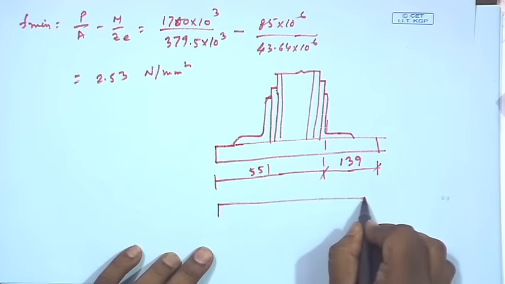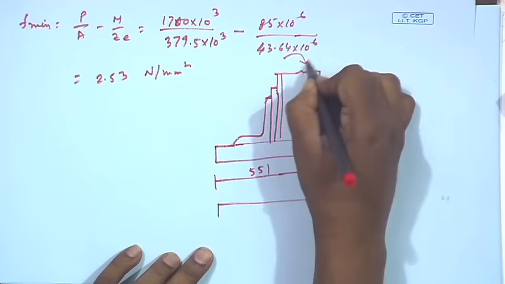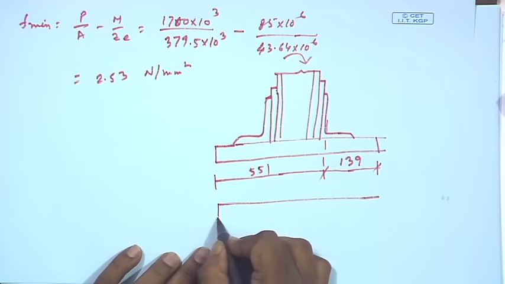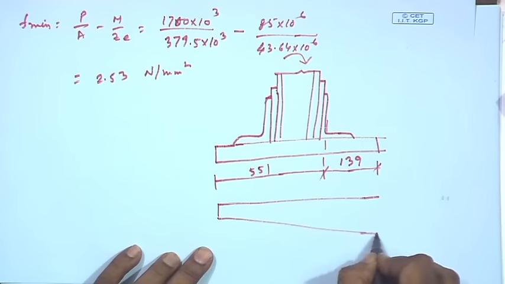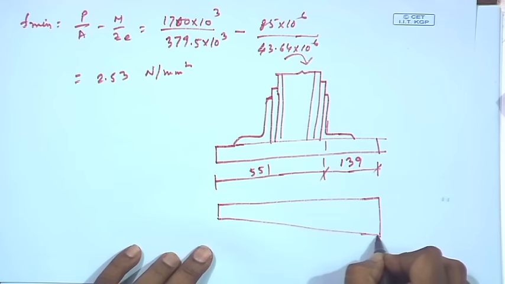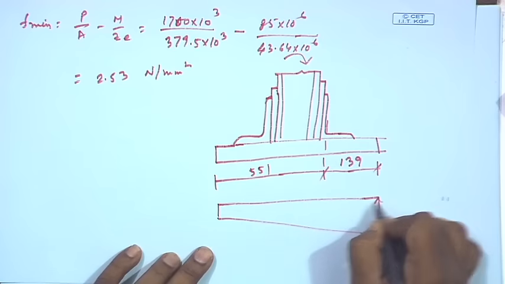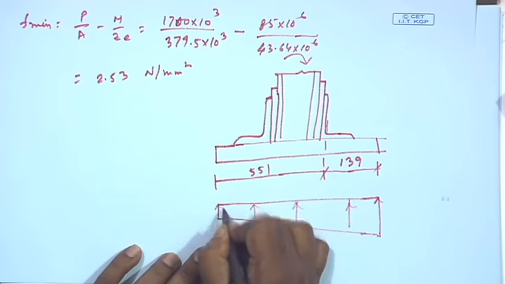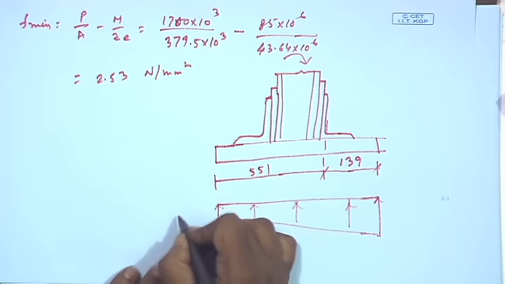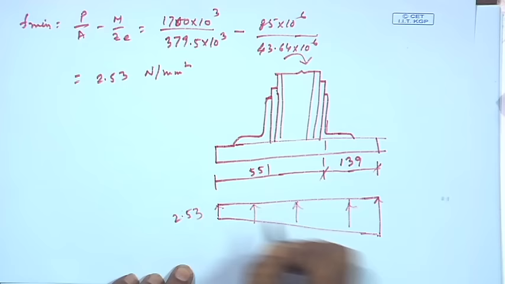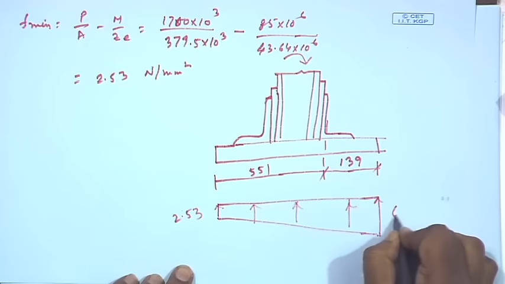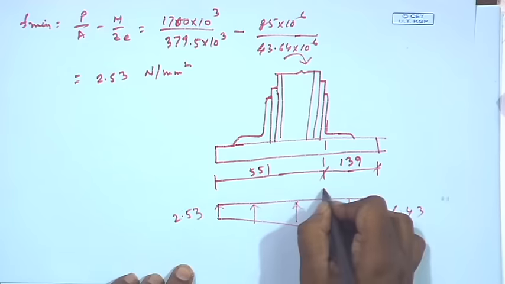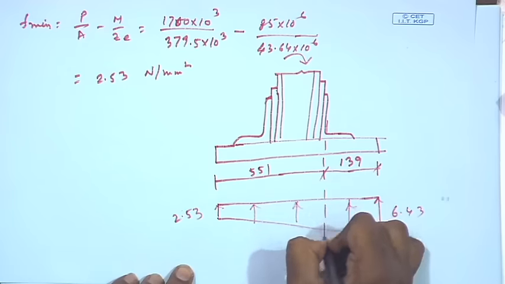if the moment is in this direction, then it will be like this, right. So, pressure will be like this, where the minimum will be 2.53 and maximum will be 6.43, and we need to know this.